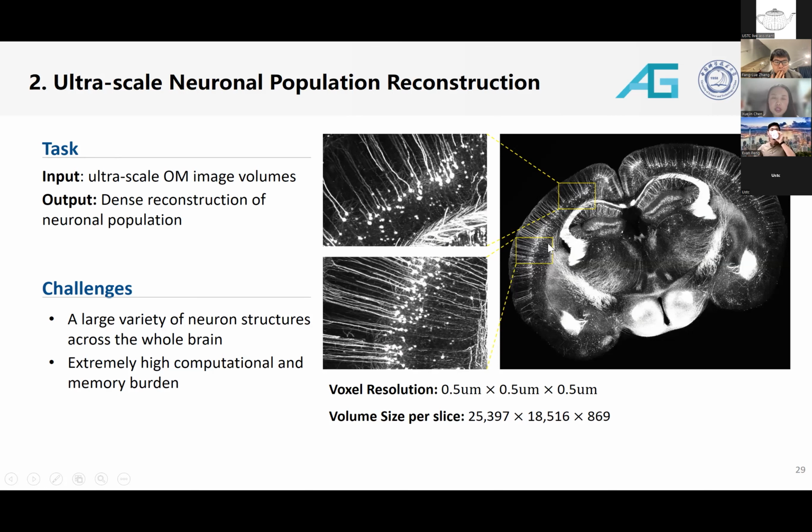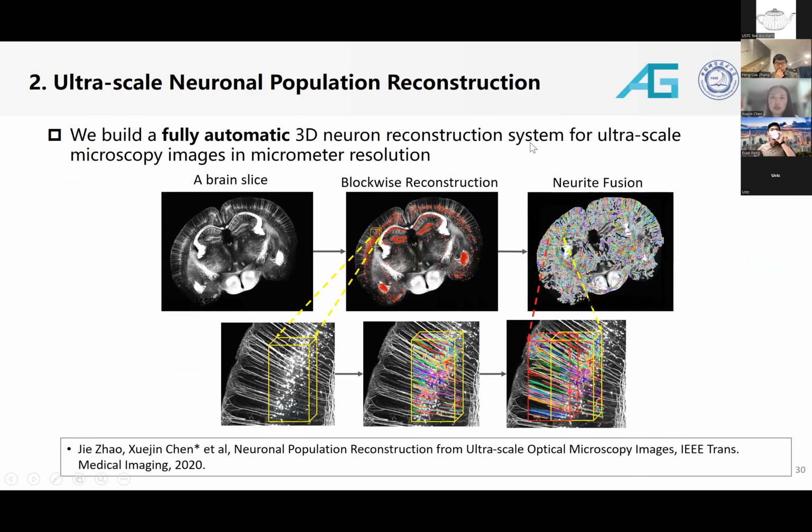So we design a fully automatic 3D neural reconstruction system for the ultra-scale microscopic images. The idea is very simple, and the key is to do neural fusion across overlapping blocks.